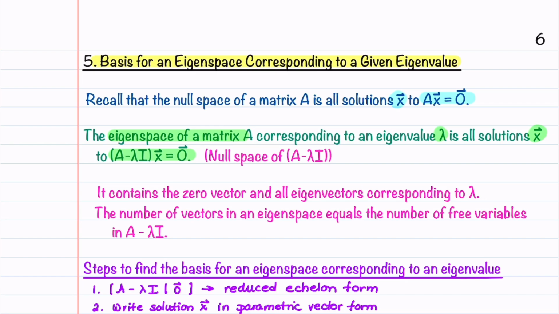This is often called the null space of A minus lambda I. The eigenspace of a matrix A contains the 0 vector, and it also contains all the eigenvectors corresponding to the eigenvalue lambda. Just like with a null space, the number of vectors in an eigenspace equals the number of free variables in A minus lambda I.